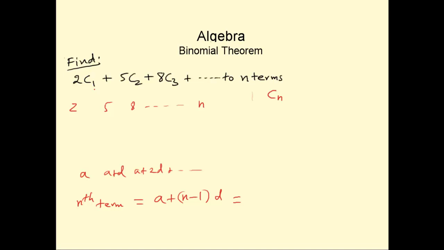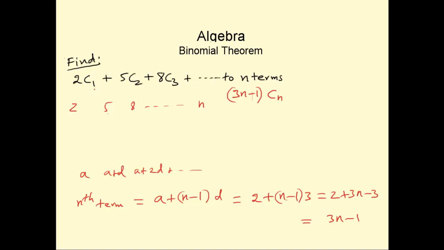The first term is 2, plus n minus 1 times, what is d? d is 5 minus 2, that is 3. So this is 2 plus 3n minus 3, so this is 3n minus 1. So that is the nth term. So the nth term would be 3n minus 1 times cn.